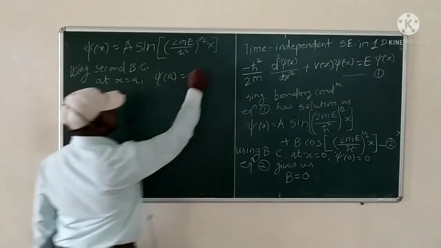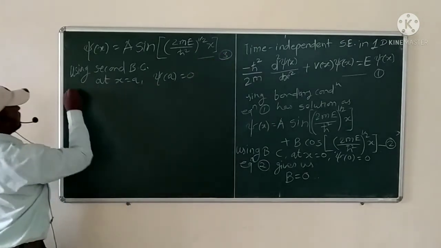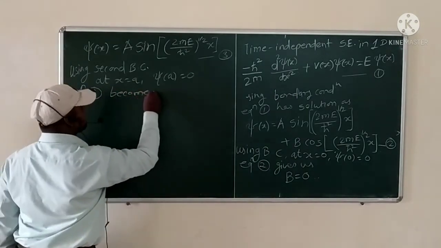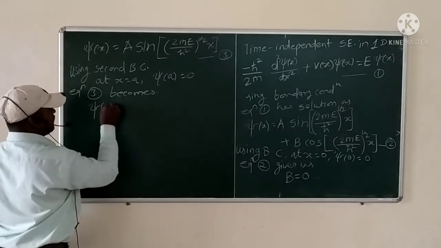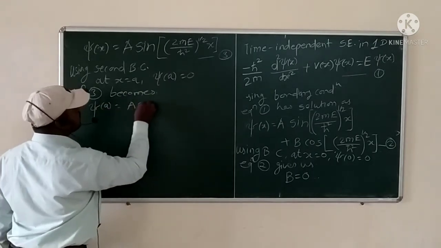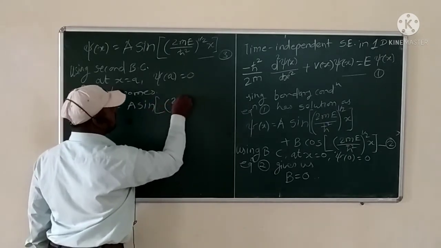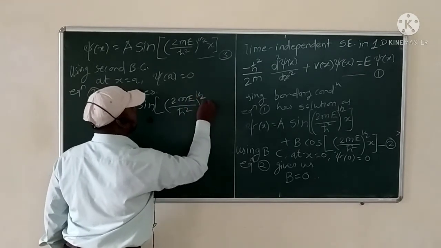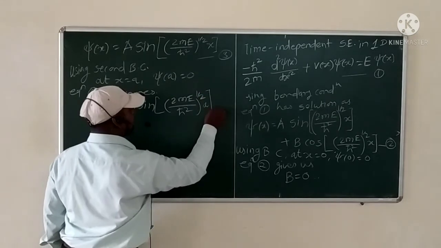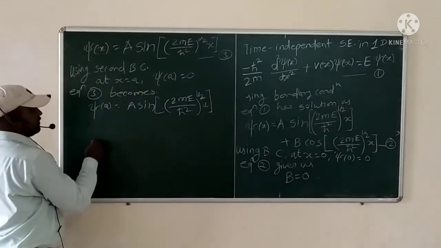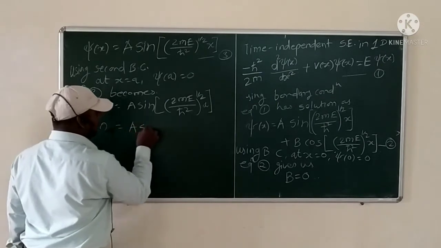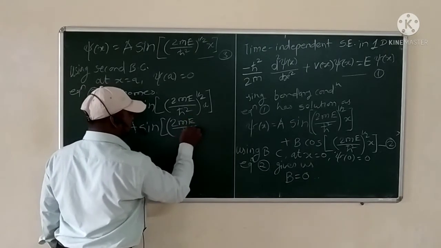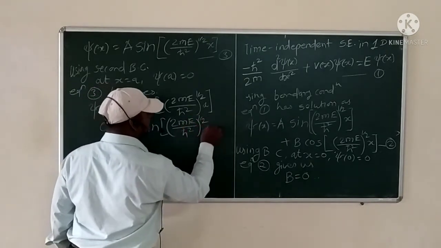So equation 3 becomes psi of a is equal to A sin of the square root of 2mE by h cross squared times a, in place of x it is a. Okay, and psi of a is 0, so 0 is equal to A sin of the square root of 2mE by h cross squared times a.